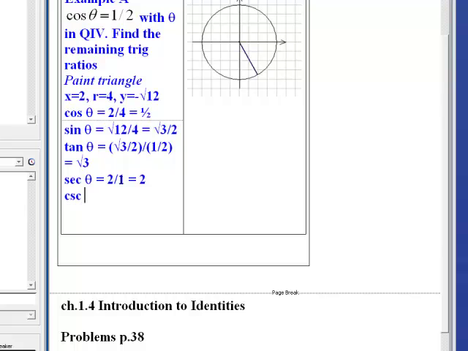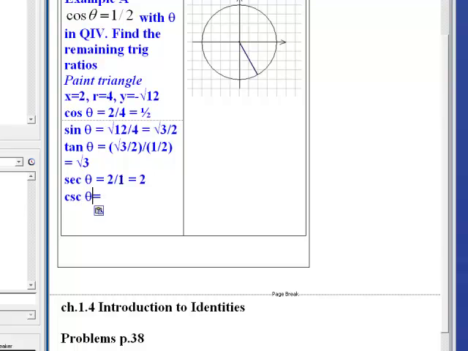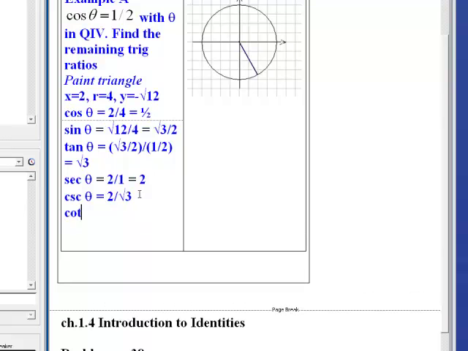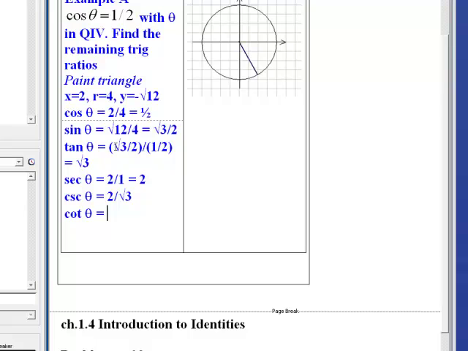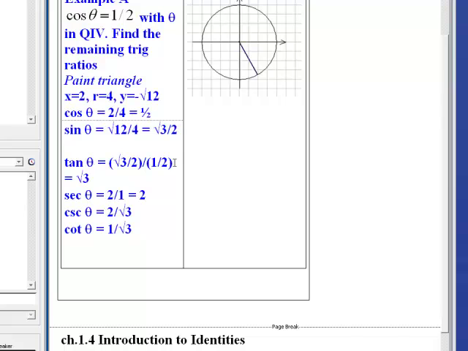The cosecant theta is 2 over the square root of 3. And the cotangent theta is 1 over the square root of 3. So that way we used the different identities, or here we got the Pythagorean identity. And then we use the definitions here.